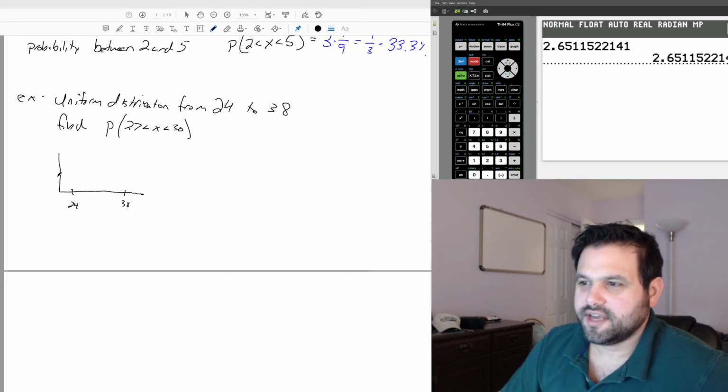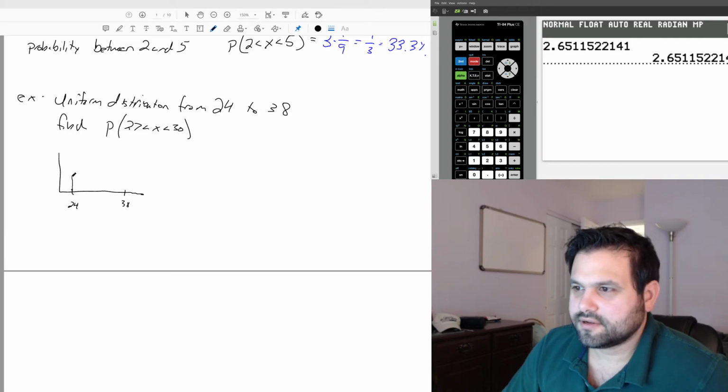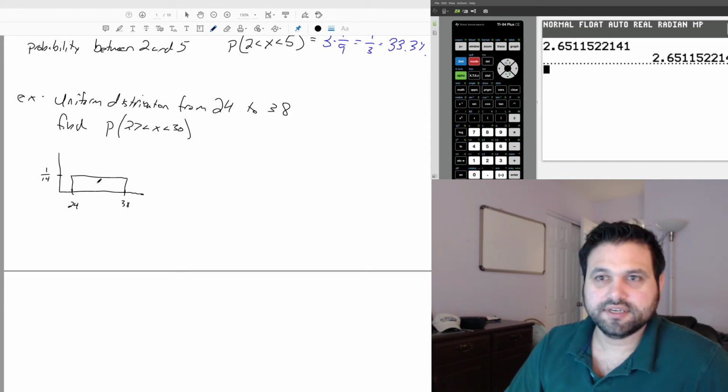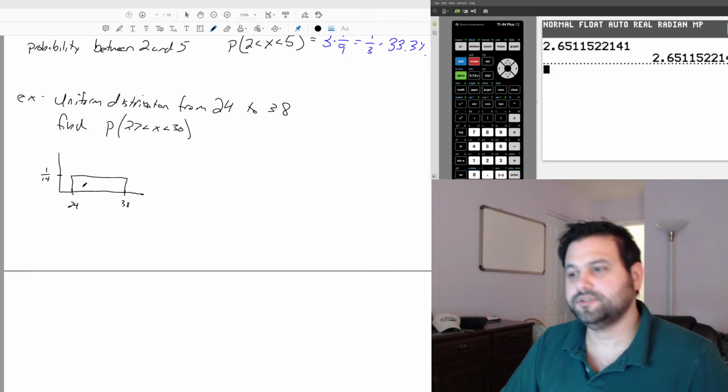Here's my density function. Okay, so now I got to figure out what this height is. Well, my current length is, what's 38 minus 24? It'd be 14. So 1 over 14 is the height of this uniform distribution.